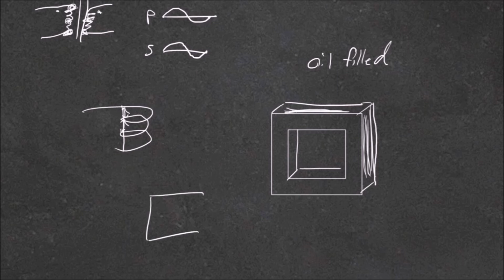So if you had one big chunk of iron, you'd have these eddy currents or circulating currents flowing around it. And this leads to losses. So if you have your iron core and you laminate it, then you only get little eddy currents. And this reduces the losses of your transformer.